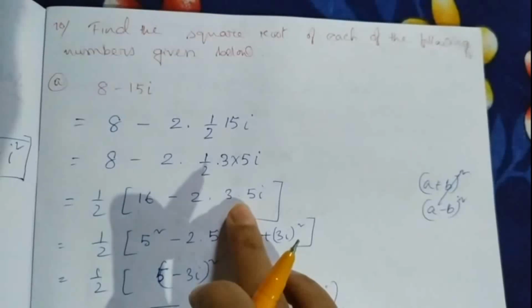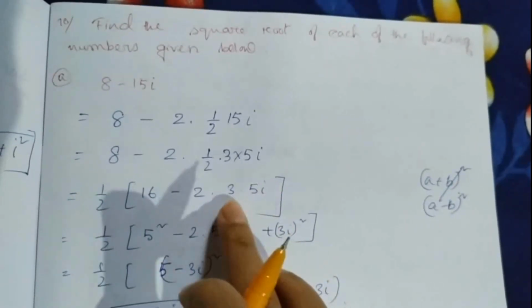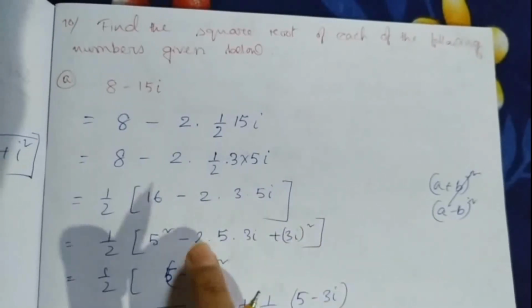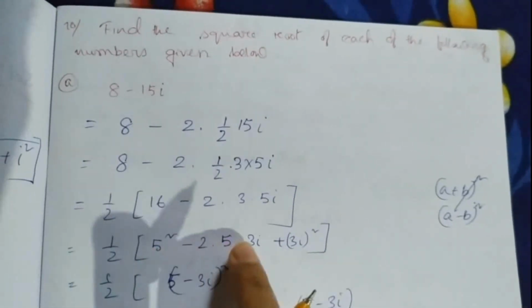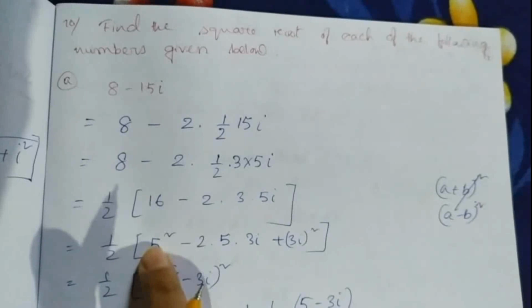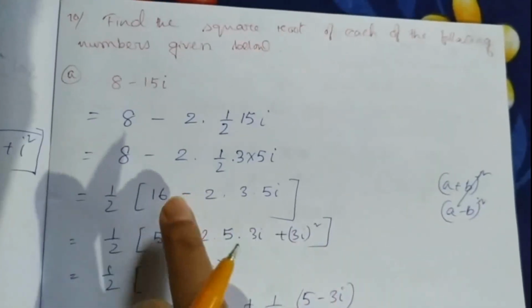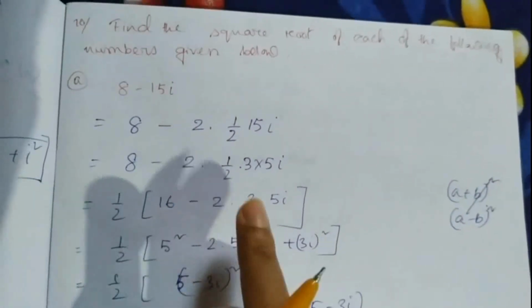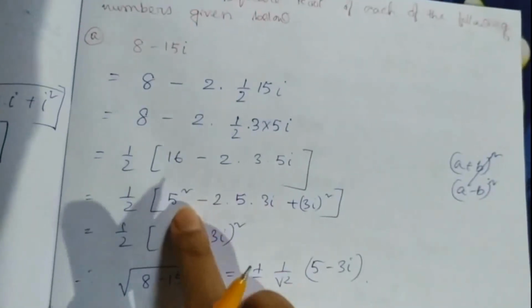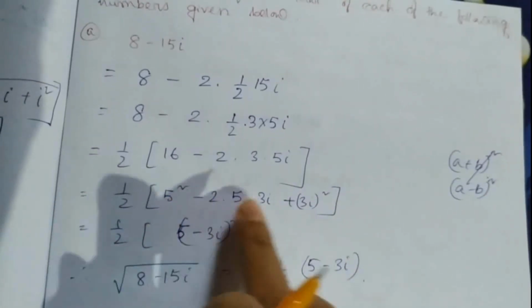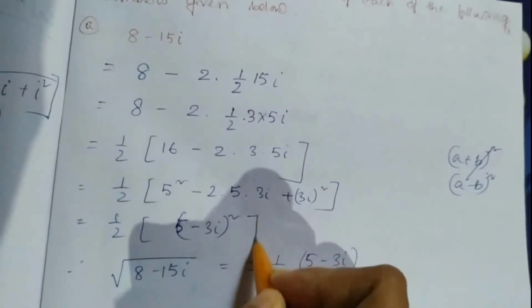Just write it that way: 5 square, and here I have written (3i) square, so that minus 2 into a, which is your 5, and b, which is your 3i. Now 5 square is 25 and (3i) square you will get minus 9. So 25 minus 9 is your 16, isn't it? So I have written it like this: 5 square minus 2 into 5 into 3i plus (3i) whole square, the (a minus b) whole square formula.